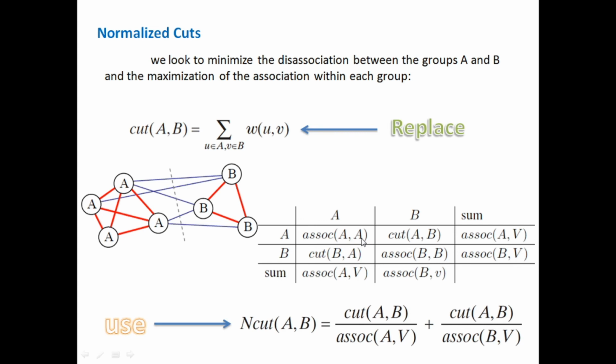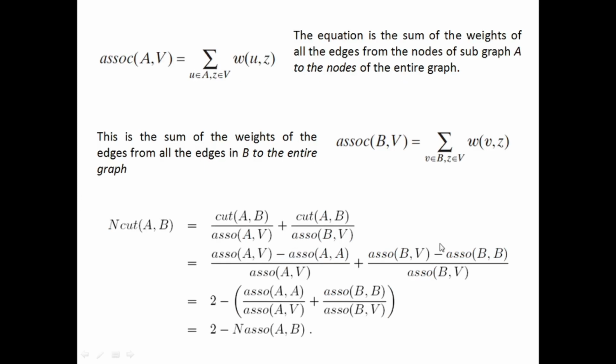Now association of A comma A is nothing but all the edges here, plus cut of A comma B means this edge, right? So this one is tending to join with some other group vertex, right? And this node is also tending to join with some other group nodes here. These are nothing but the cuts.